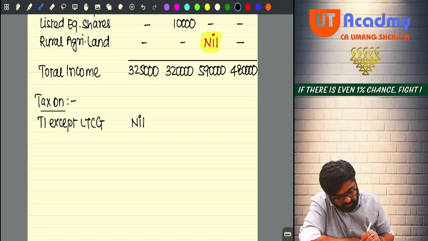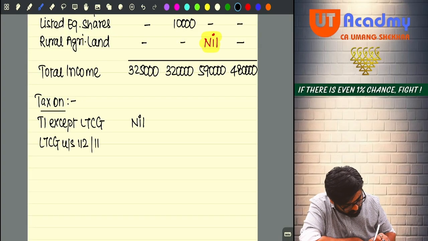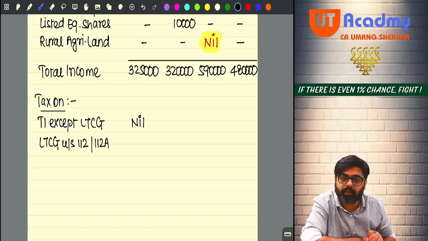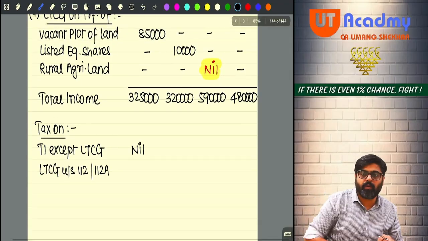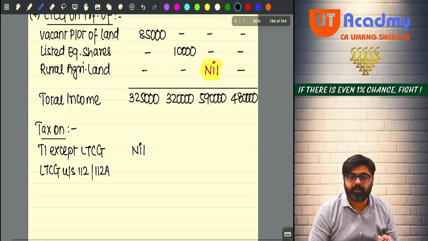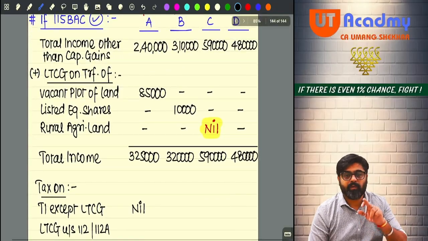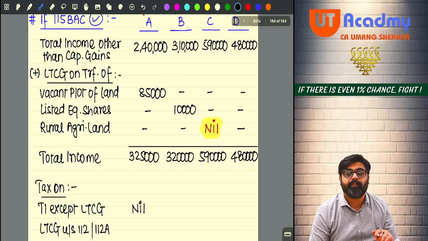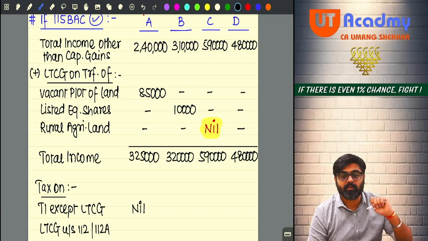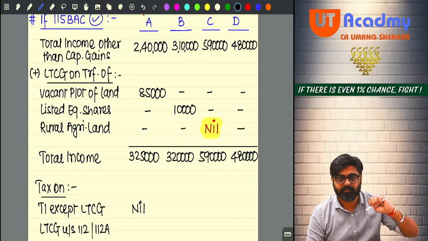Okay. Now, what will be the tax on LTCG under section 112 or 112A? Okay, no? So under section 112, what will be the tax on 85,000? Wait. Don't be in a hurry. Do you have 2,40,000? Are you going to pay any tax on 240? No, because your basic exemption limit was 3 lakhs.